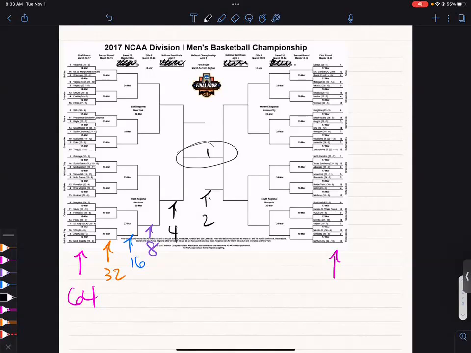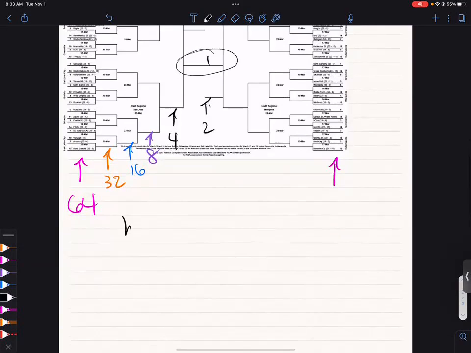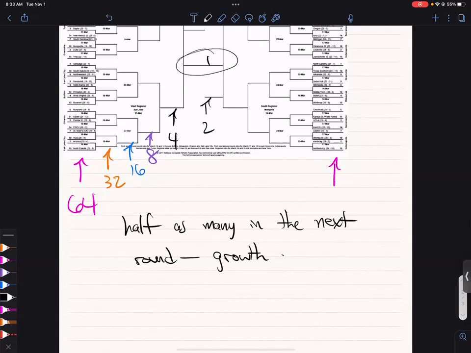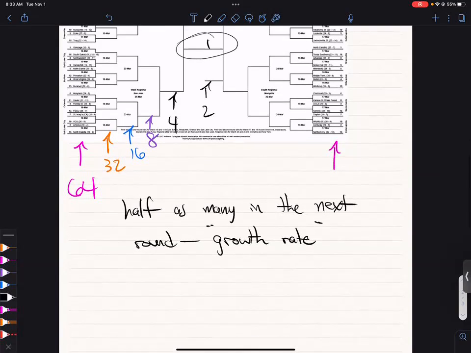So half as many in the next round. So our growth rate, and I'm going to put air quotes on that because it's not exactly getting bigger over time.